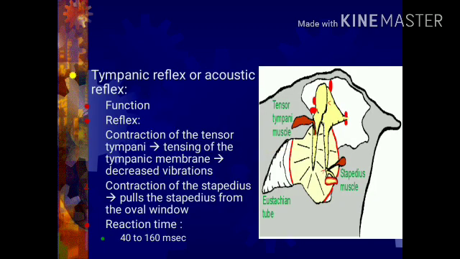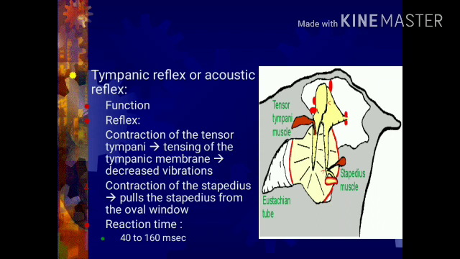Another is the tympanic reflex, which is also known as the acoustic reflex. It is a protective reflex and the stimulus for the reflex is loud sound. Whenever the person is exposed to loud sound, there is contraction of the tensor tympani muscle that causes tensioning of the tympanic membrane, and therefore vibration of the tympanic membrane decreases.